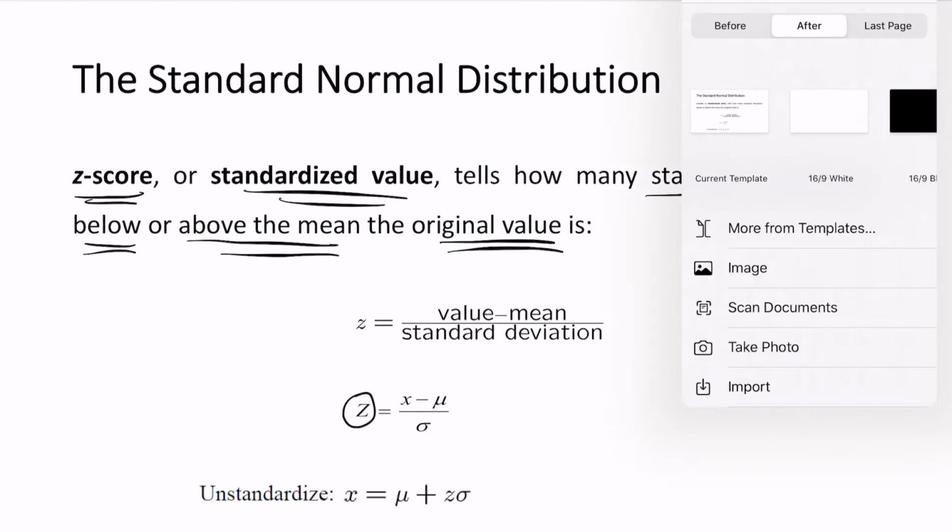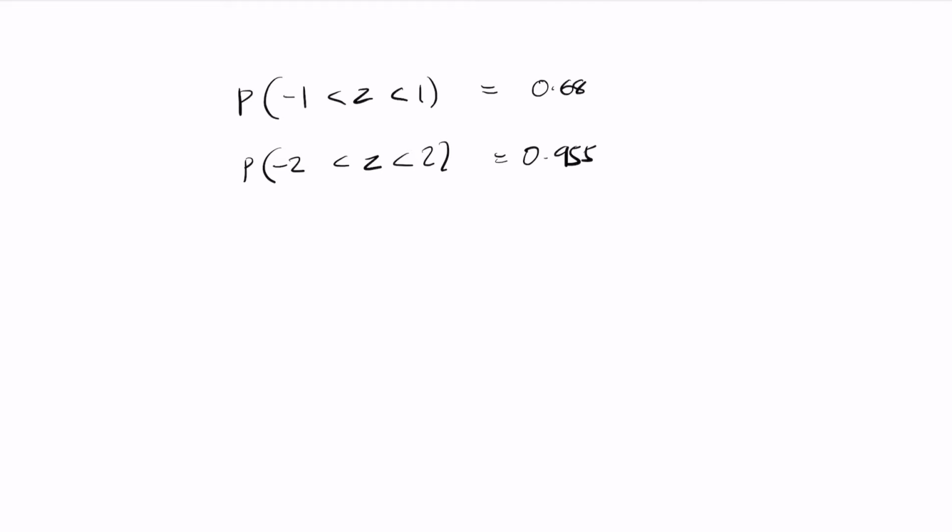What does that mean? If you take the probability of -1 less than z less than 1, that value is equal to 0.68. If you take the probability of -2 less than z less than 2, that value is 0.955.